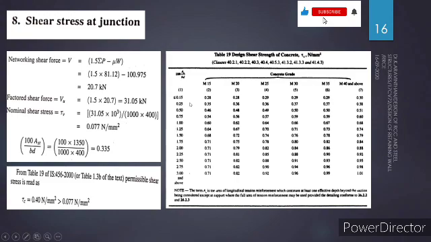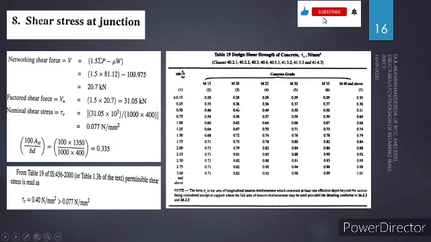So 0.33 is in between these two values, 0.25 and 0.5. For M20 grade, for 0.25 it is 0.36, and for 0.5 it is 0.48.